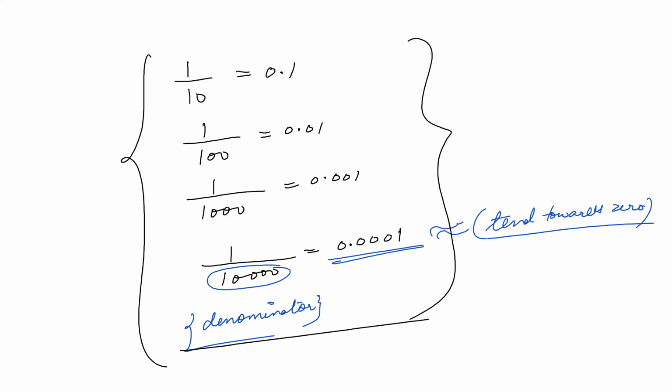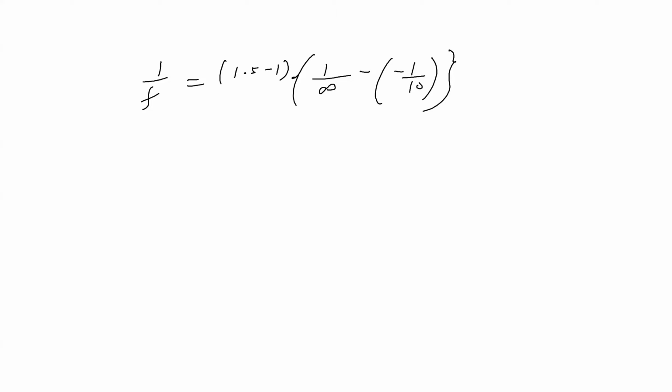So what does that mean? When I say 1 by focal length is 1.5 minus 1, into 1 by R1, which is infinity, minus of minus 1 by 10, this is going to be 0.5 into 0 plus 1 by 10.